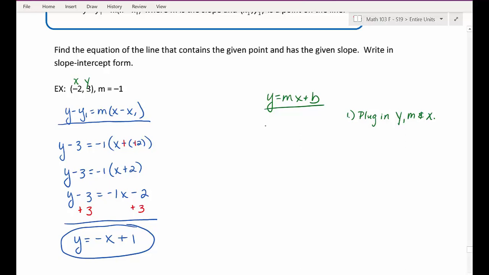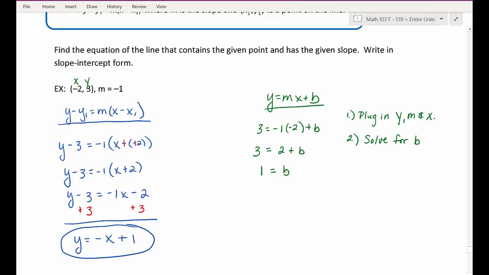So this will be 3 equals negative 1 times negative 2 plus b. The next thing we need to do is solve for b. We'll have 3 equals positive 2 plus b. Subtracting 2 from both sides, we get b to be equal to 1.